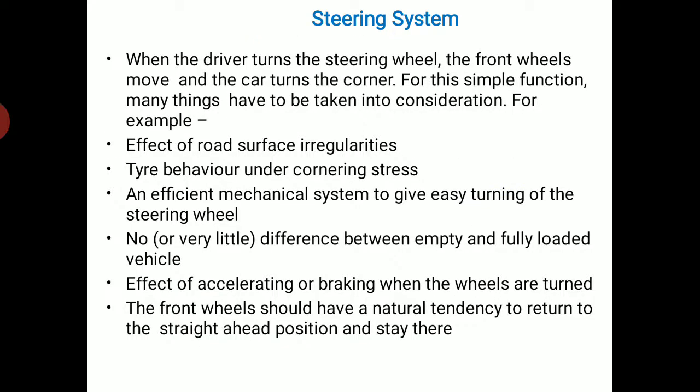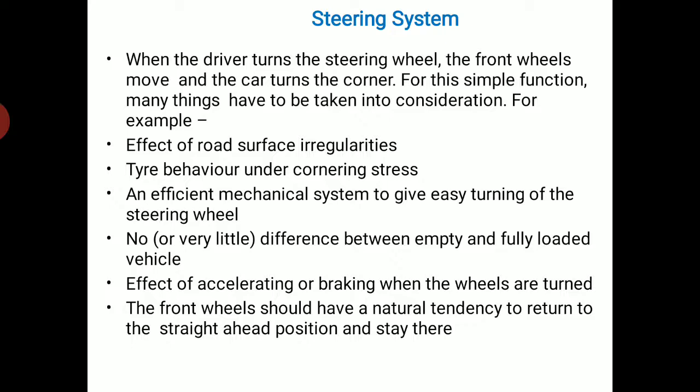Now what is the steering system? When the driver turns the steering wheel, the front wheels move and the car turns the corner. For this simple function, many things have to be taken into consideration. For example, the effect of road surface irregularities, tire behavior under cornering stress, an efficient mechanical system to give easy turning of the vehicle, and very little difference between empty and fully loaded vehicle.